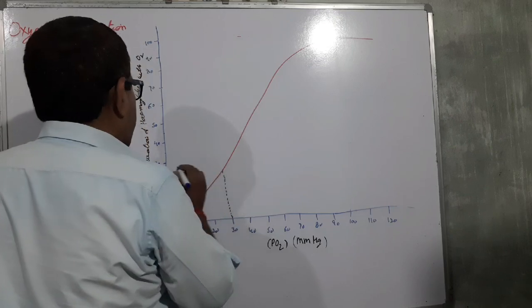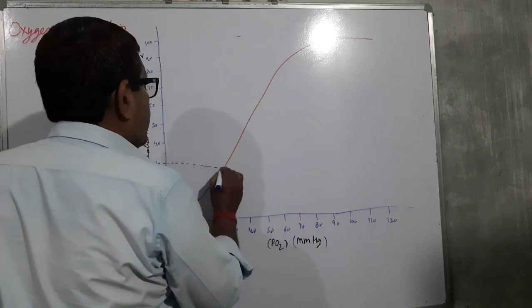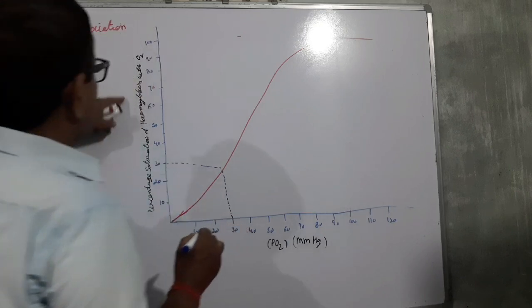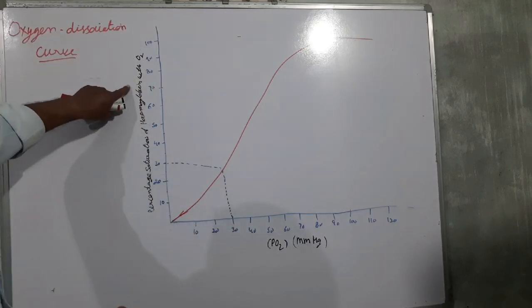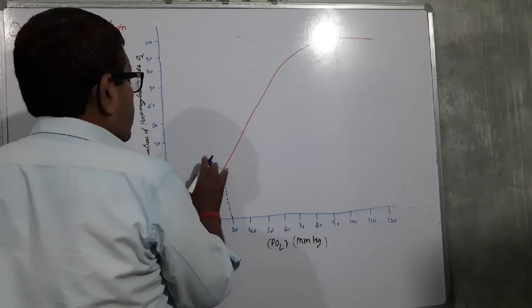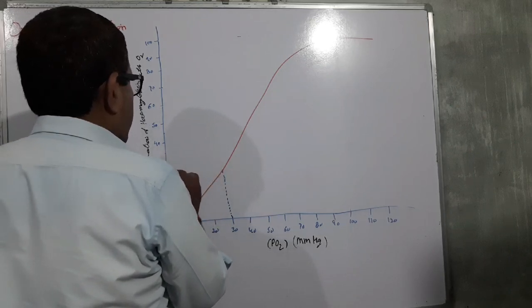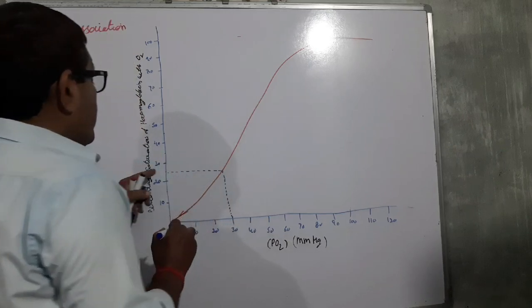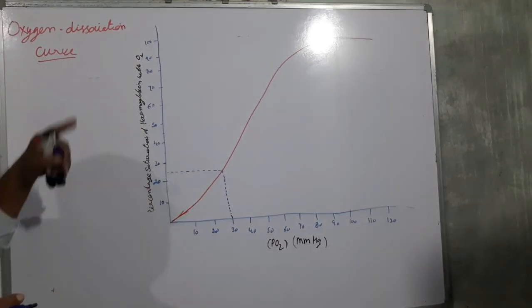In this situation, how much? About 30% of the hemoglobin gets saturated.